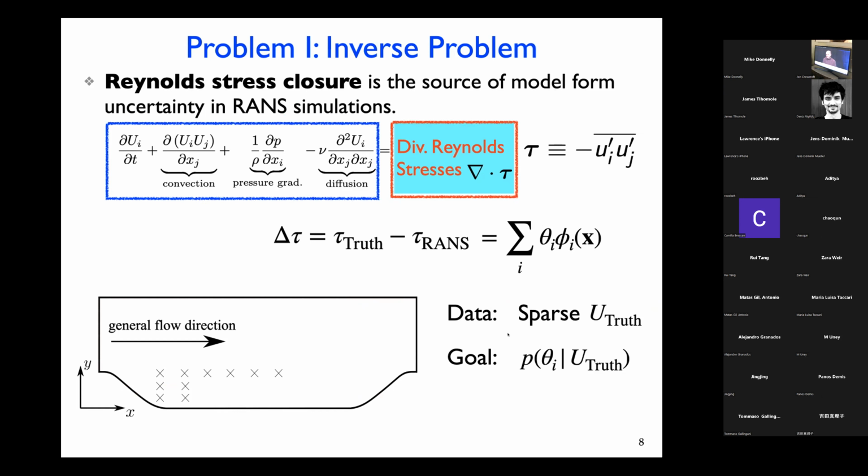And with sparse observation data of velocity field U, we want to estimate the posterior distribution of unknown parameters conditioned on the sparse observation. And with this posterior distribution, we can further reconstruct the Reynolds stress discrepancy delta tau.